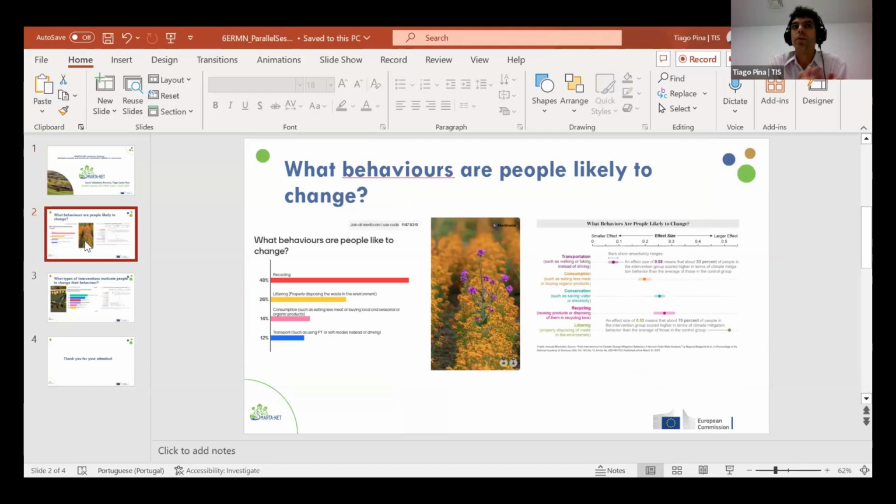We compared the results of our small group with the outcomes of a study conducted in the United States, and we reached the conclusion that transport is the most difficult. Changing to more sustainable transport modes is the most difficult behavior to change among the options we had.